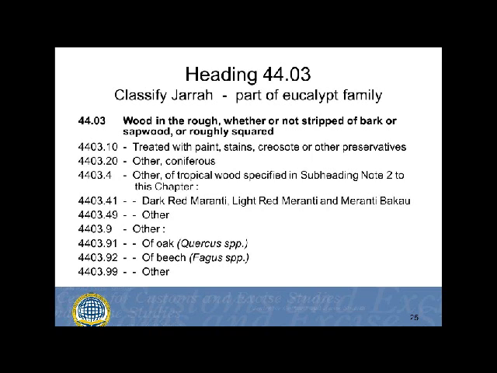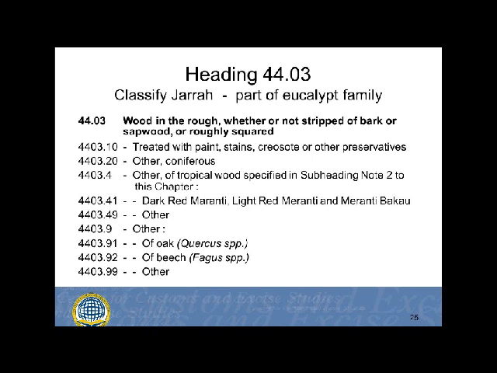The goods are not coniferous, therefore we can disregard subheading 440320. The goods are not tropical wood, therefore we can disregard subheading 44034. Having done that, the only option that is left is subheading 44039, which is wood other than those of subheadings 10, 20 and 4.